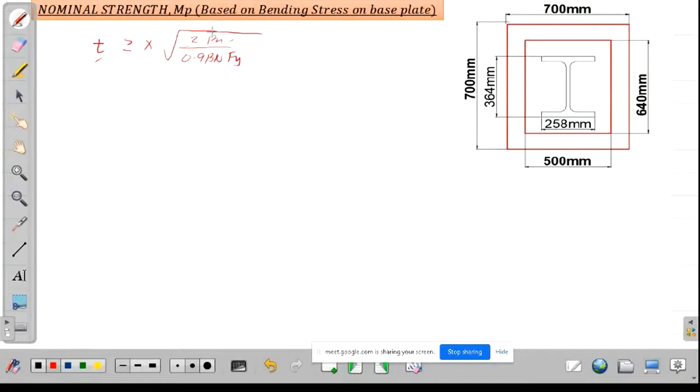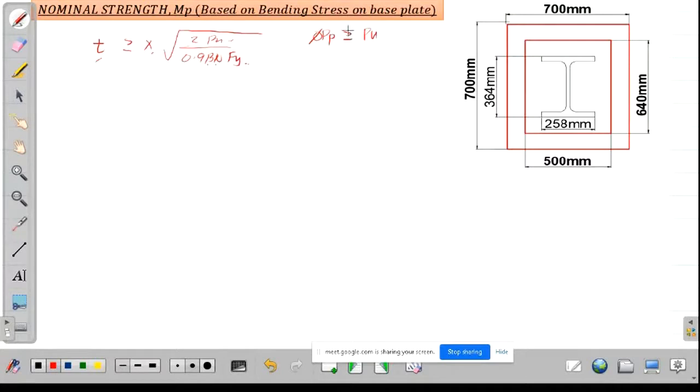B and N are given and then FY is given. So X is the larger value between M and N. Okay? So our design strength is greater than or equal to PU.